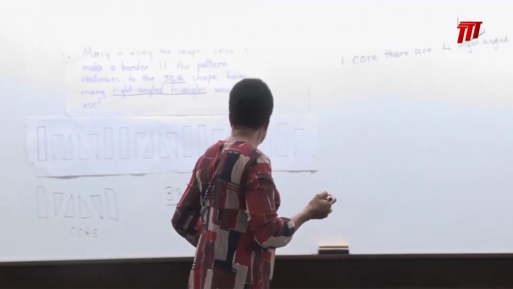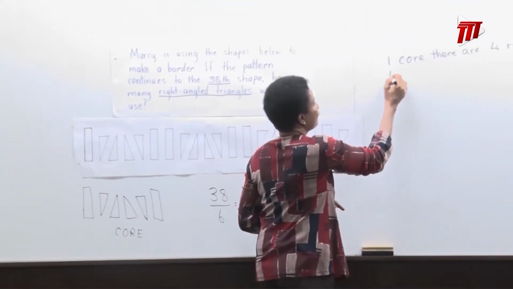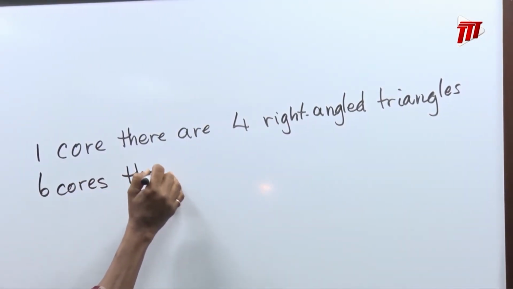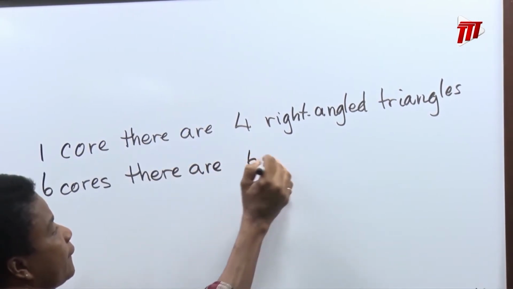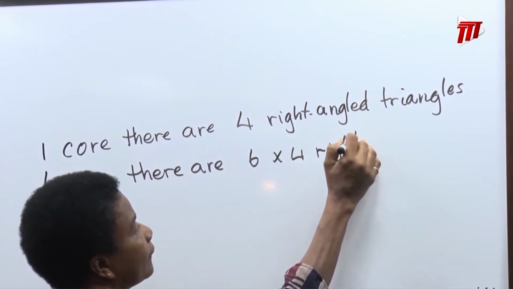Therefore, since we need 6 cores to complete our pattern, there are 6 times 4 right-angled triangles.